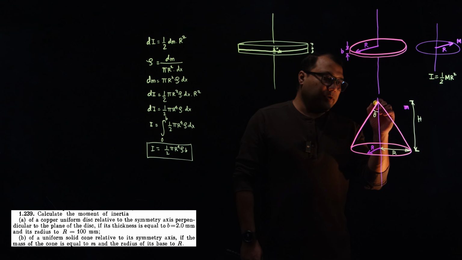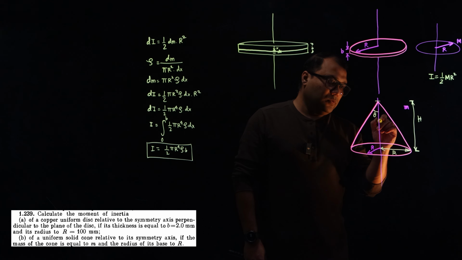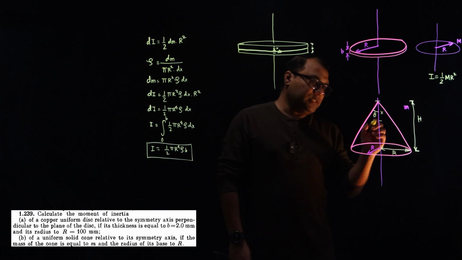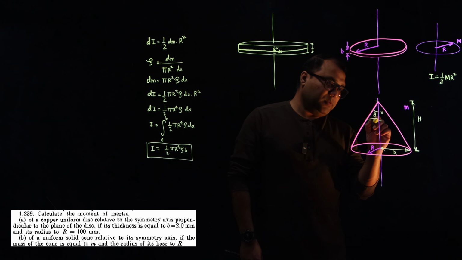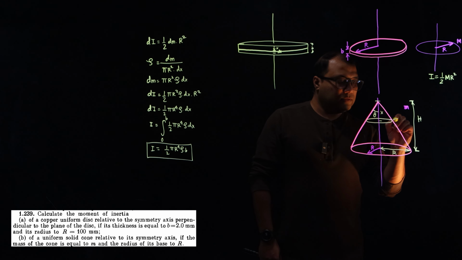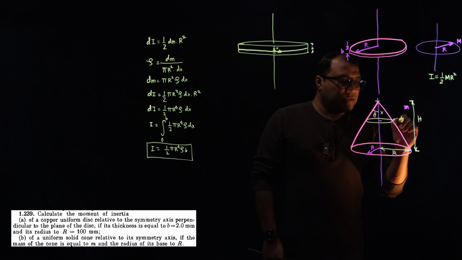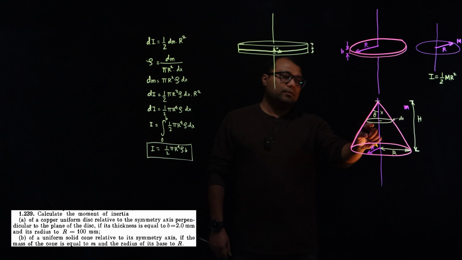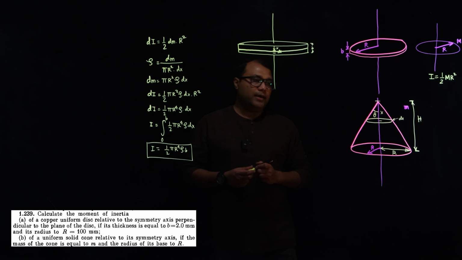From this point we go a distance x, and we take a small thickness dx. So this will form a disk like this, and this disk thickness is dx. Let's find the moment of inertia of this small element.